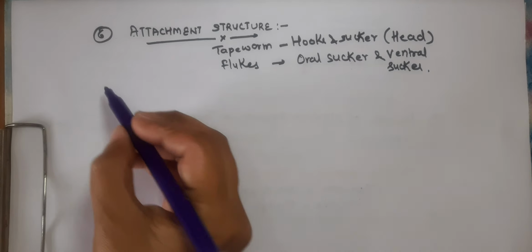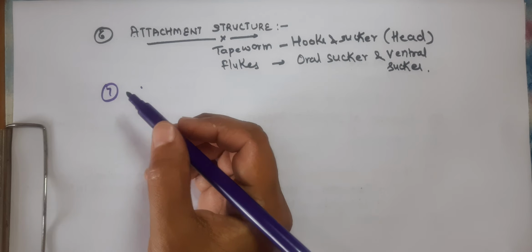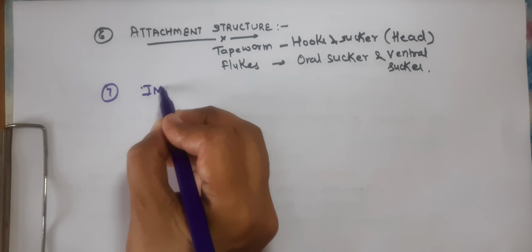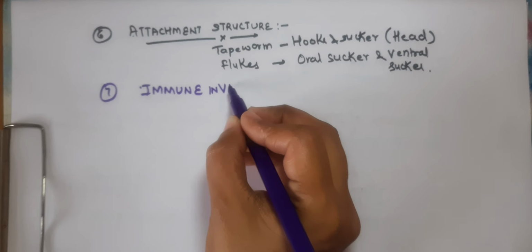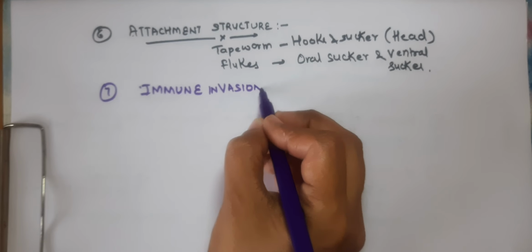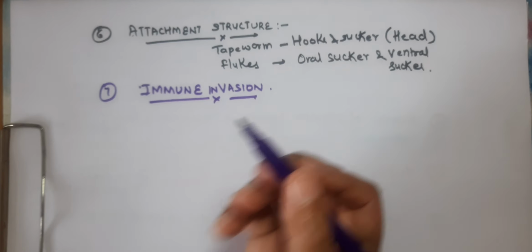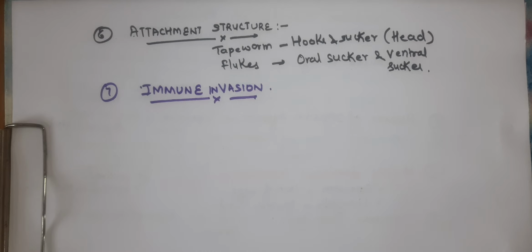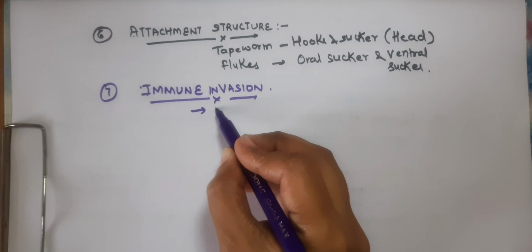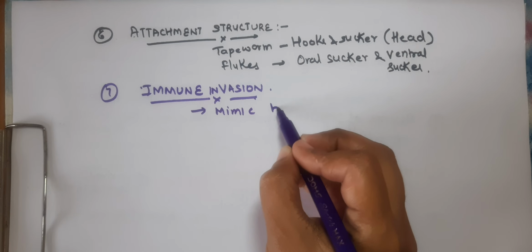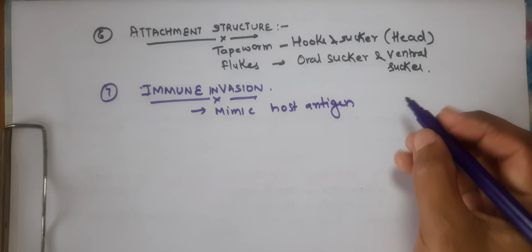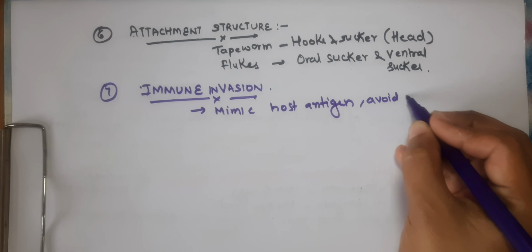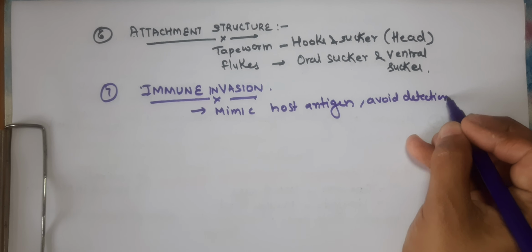The seventh important peculiar feature about the parasitic platyhelminth is immune evasion. They have to survive in the host, so they have to evade the immune response of the host, and then only can they survive. So they evade the host immune system using various mechanisms. Some can mimic host antigens, and if they mimic the host antigens, they will avoid detection.